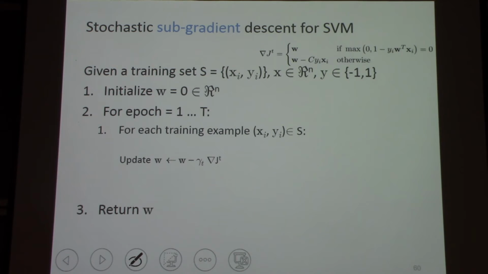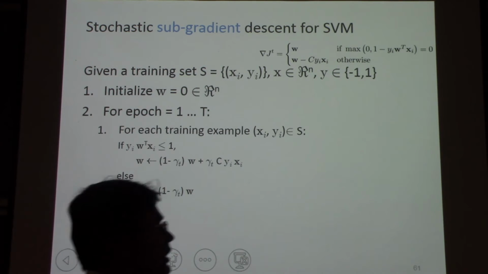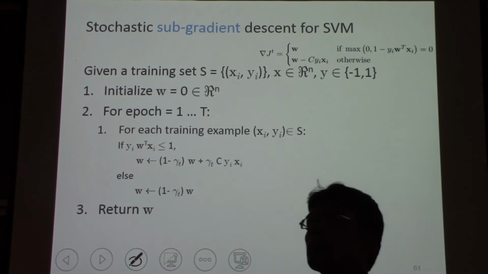Given a particular training example, you update w to be w minus some learning rate times the gradient at that point. And the gradient at that point is that expression on top, so we can plug everything in and get an update loop. For this particular example x, y, let's consider the case where y w transpose x is greater than or equal to 1.